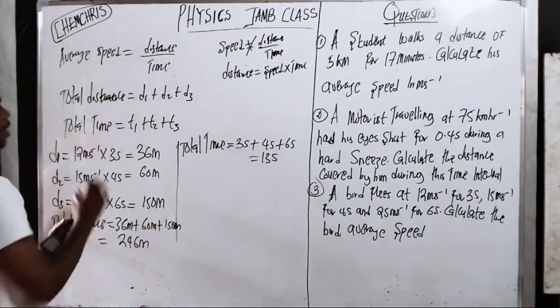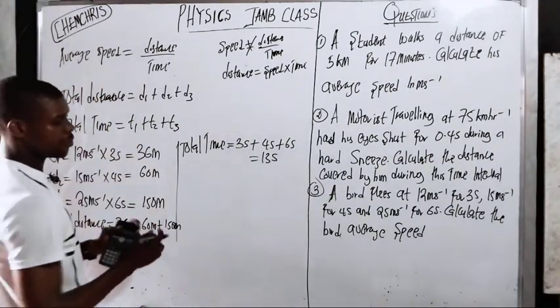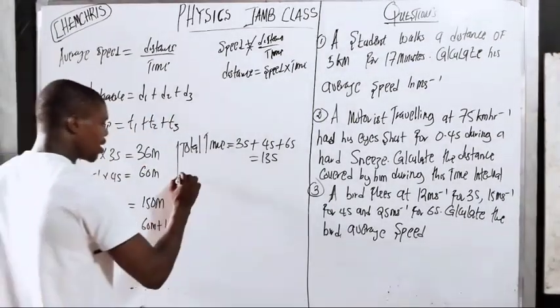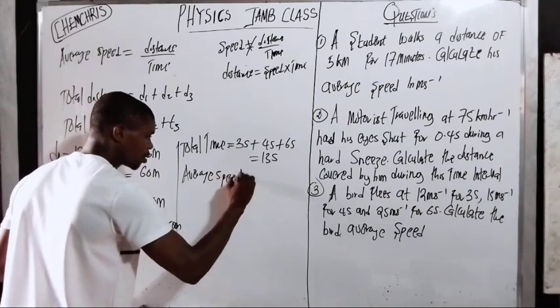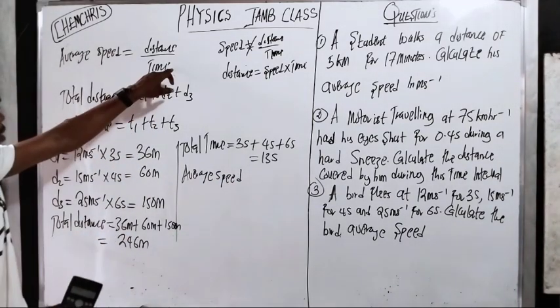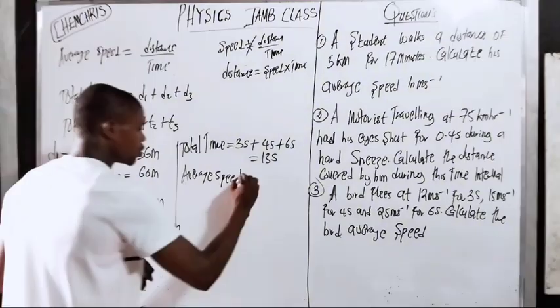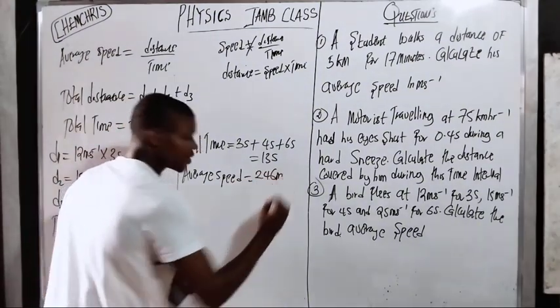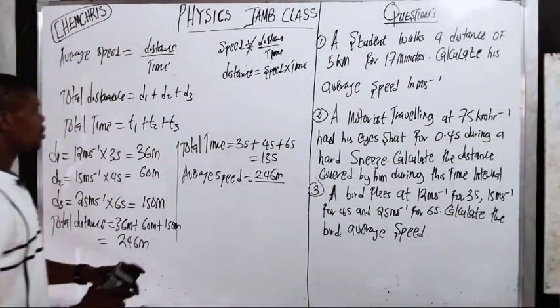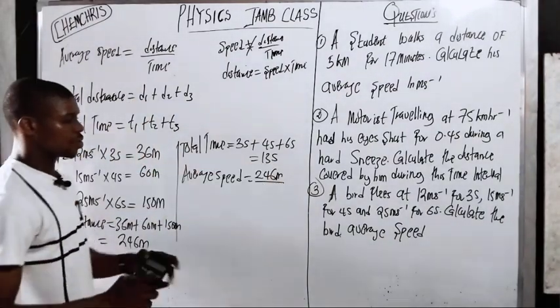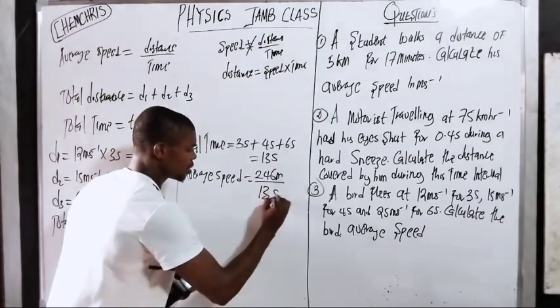So remember my average speed here. Average speed is equal to the total distance over the total time, right? 246 meters over my total time, which is 13 seconds here.